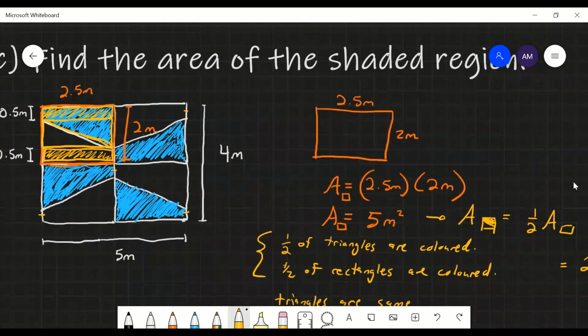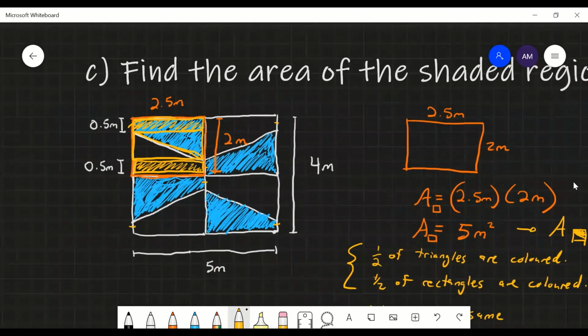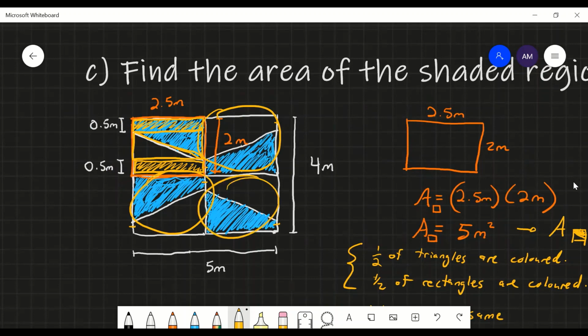This covers one of these rectangles. And if you check the other 3 rectangles, this one, and this one, you'll see the exact same pattern emerging. Exactly half of each of them has been colored.